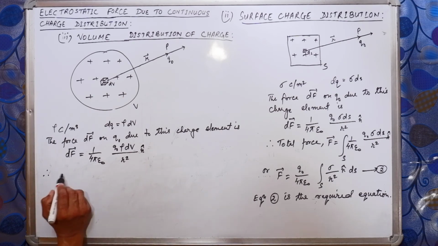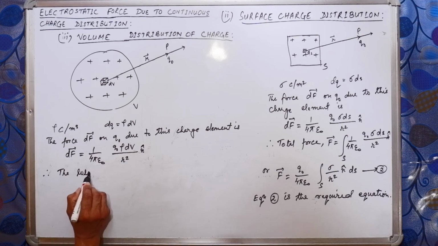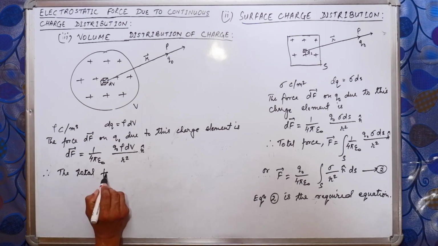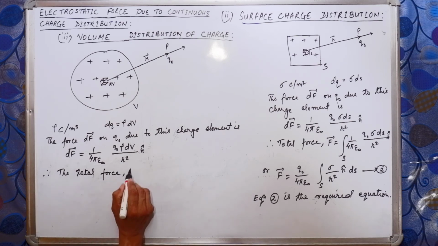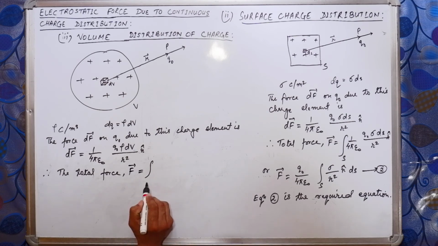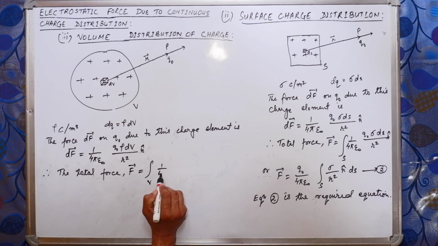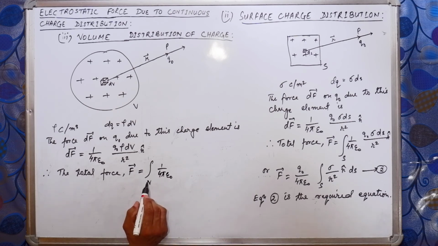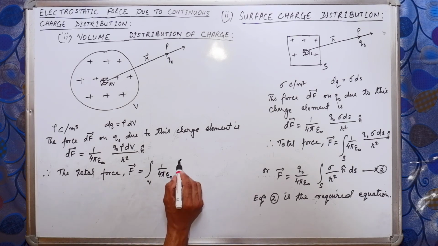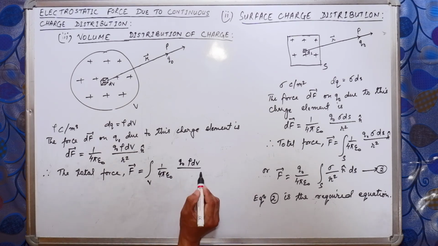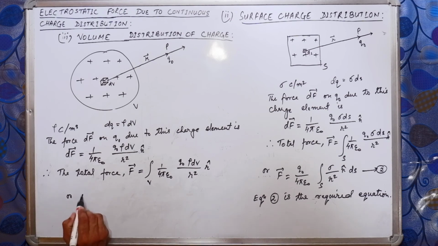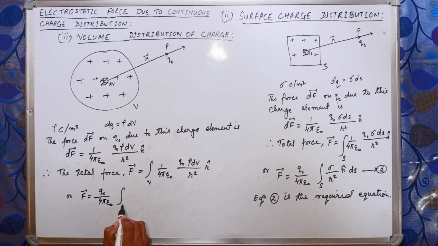Now the total force F will be obtained by integrating this equation over the whole volume V. So 1 by 4 pi epsilon naught, integrating over the whole volume V, Q naught rho dV by r square, r cap. Or F equals Q naught by 4 pi epsilon naught, both constants, then integration over the whole volume V of rho by r square, r cap dV.